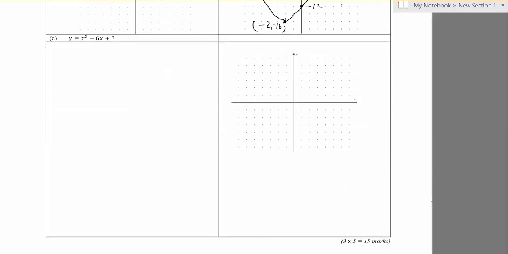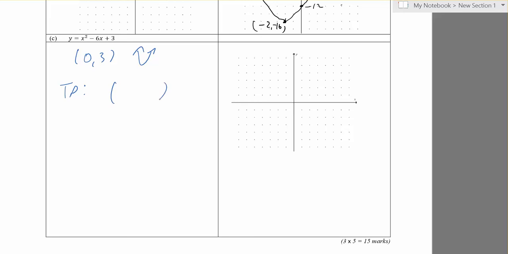Lastly, we want to draw the graph of this. So, there's no two numbers that multiply to give you 3 and add to give you -6. So, I'm inclined to use the turning point method. So change to turning point form. So y-intercept at 0, 3. Our shape is a smiley face. Our turning point, I'm going to use scaffold.